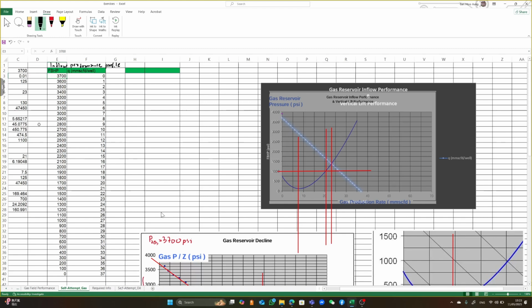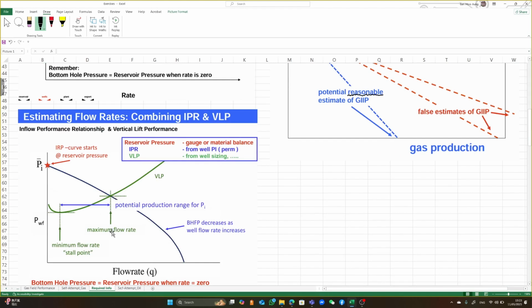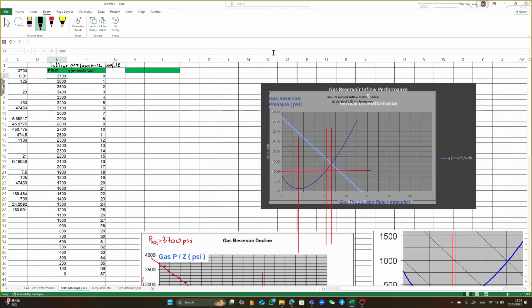Okay, so if we go back to over here, this is how we estimate, right? The point of intersection is the maximum flow rate, and the point at the bottom of this vertical lift performance curve is the minimum flow rate, which is called the stall point. So our production range will be from here to here. Let's say maybe 7.5 million standard cubic feet per day to possibly 23.